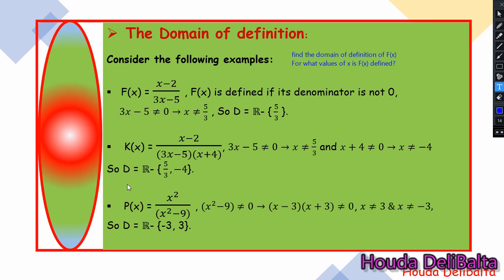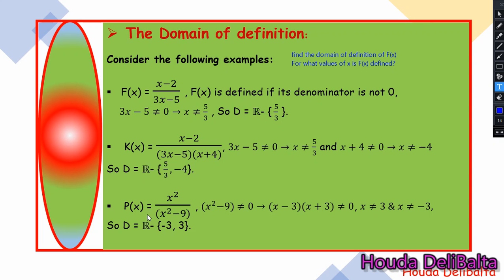So I say here that the domain of definition is the set of all real numbers except two values, which are 5 over 3 and minus 4. That's to say that if I evaluate x by 5 over 3 here, I will get 0. Also, if I replace x by minus 4, I will get 0 in the denominator, and that's undefined.